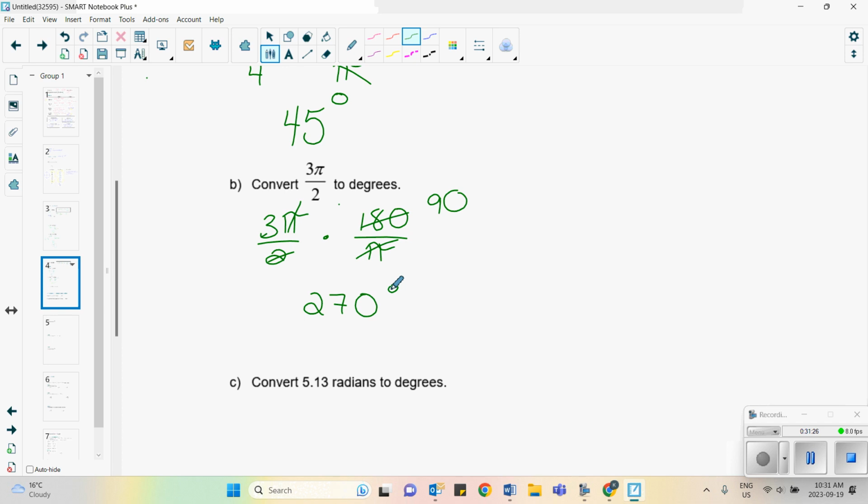Like if I have 3 times 5 over 2 times 180 over 5, now you can go ahead and multiply those through and eventually you'll have to reduce it. But the easier thing is to not reduce it and say 5 divided by 5 is 1, and then 3 times 1. And we don't want to multiply by 5, we want to eliminate it because it's that irrational number.